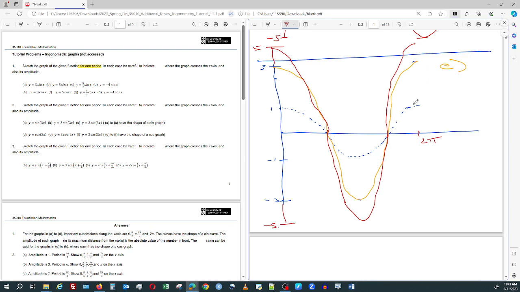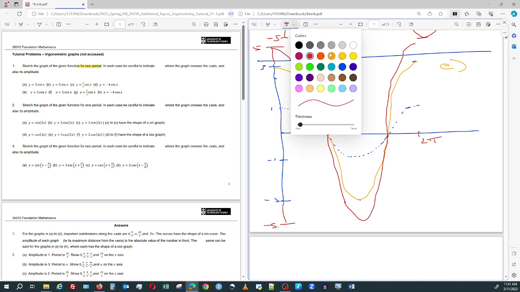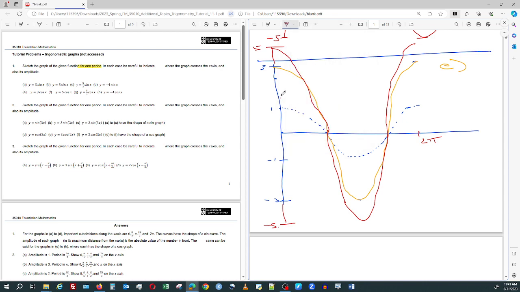It's not hard. Okay? Alright, what have we got for the green one? We'll do the watermelon one. 2.5. 1, 2, 2.5 will start here. 1, 2, 2.5 will come here. So just being a little mindful of where things are.